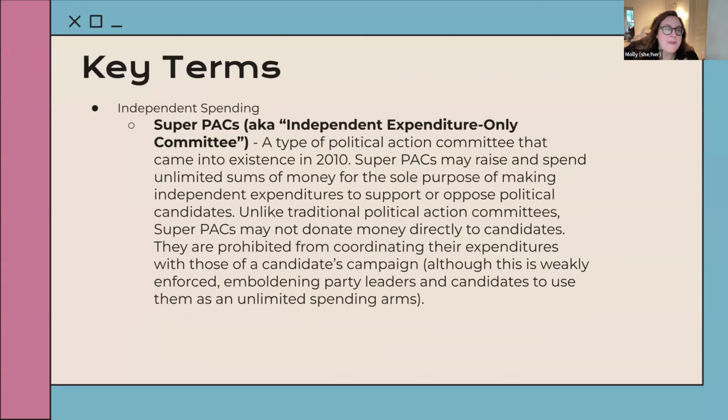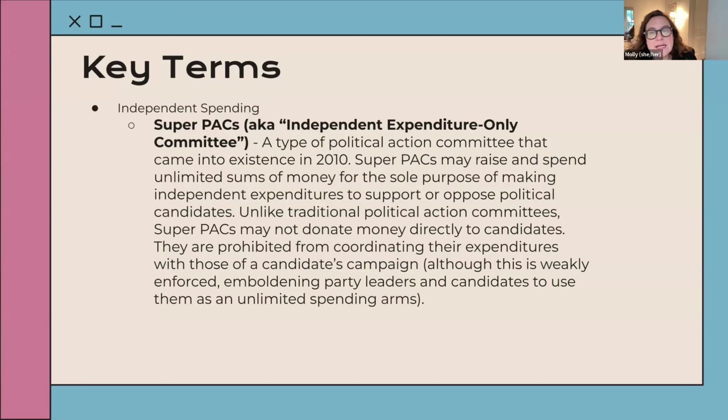So again, thinking about that flow of money, the other big spenders, or ways that money is spent in races, is through super PACs, which people have probably heard of. The AIPAC headline that I had earlier as an example, that's an AIPAC super PAC. Those are also called independent expenditure only committees.